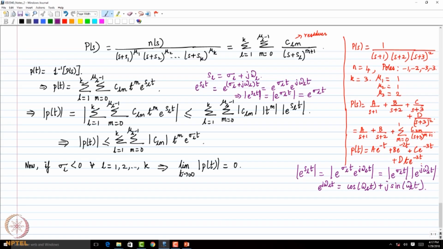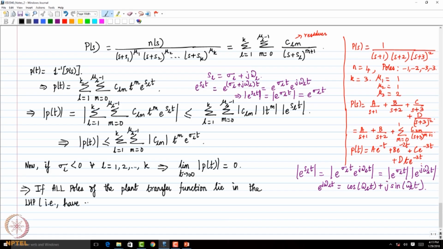Yeah. So, to summarize, we see that if all poles of the transfer function lie in the LHP, that is have negative real parts, then the system is BIBO stable.